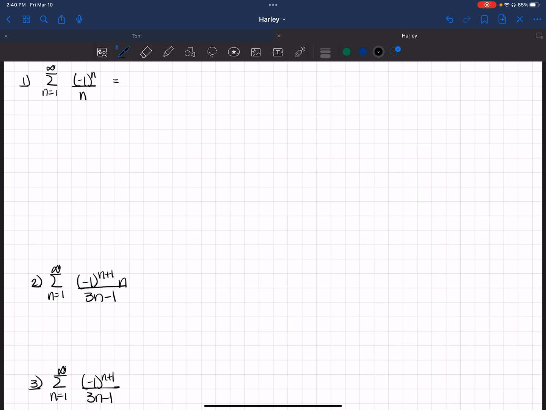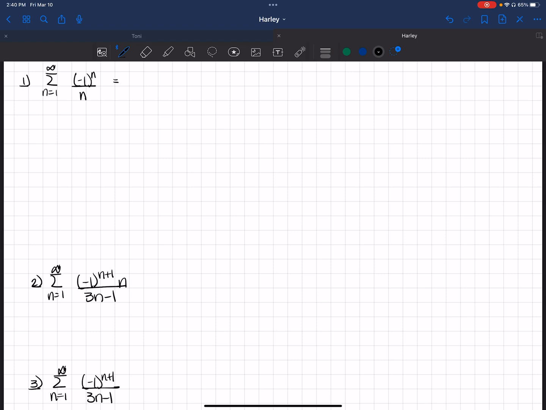However, this is asking us if it is absolutely convergent, conditionally convergent, or if it's divergent. So we need to start off with that first part of doing the absolute convergence, where we're looking to see if it's going to be absolutely convergent, and that's by looking at the absolute value of that series, okay?